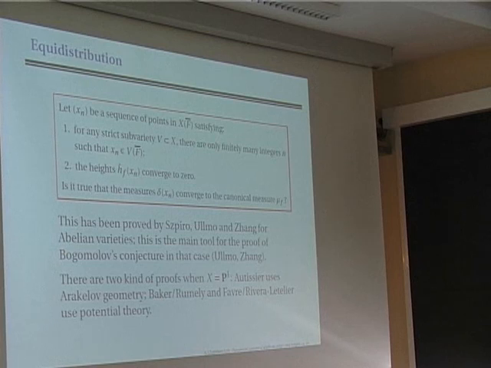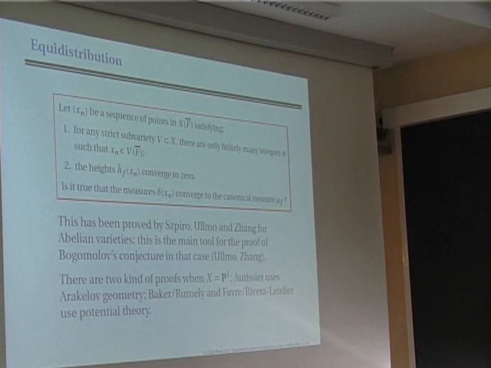I won't give many details on that proof, but remember that potential theory is very closely linked to number theory, since the works of Fekete and Szegő at the beginning of the 20th century. So it's not a surprise that potential theory allows people to prove results in number theory.